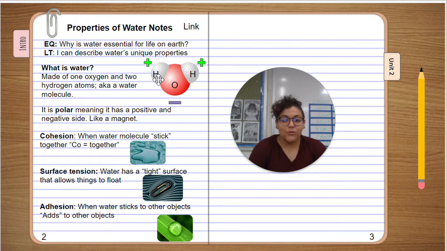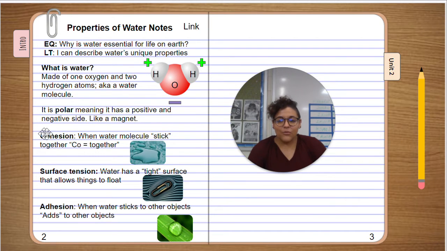So what's really important about water is that it's polar, meaning it has a positive side and a negative side. So it's kind of like a magnet, and that's why we see a lot of its unique properties.